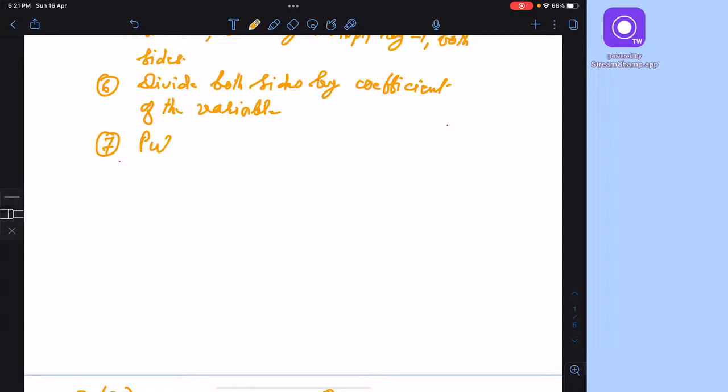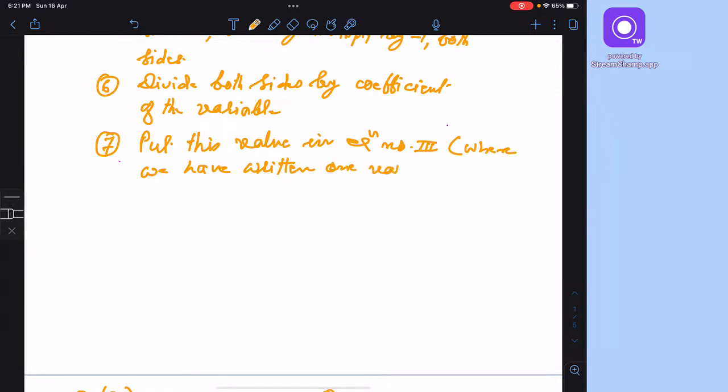Put this value in equation number 3, where we have written one variable on LHS.